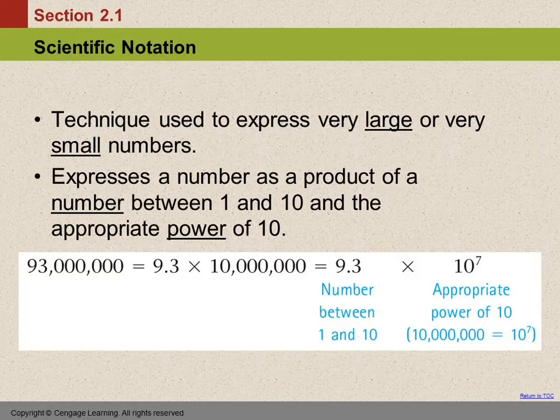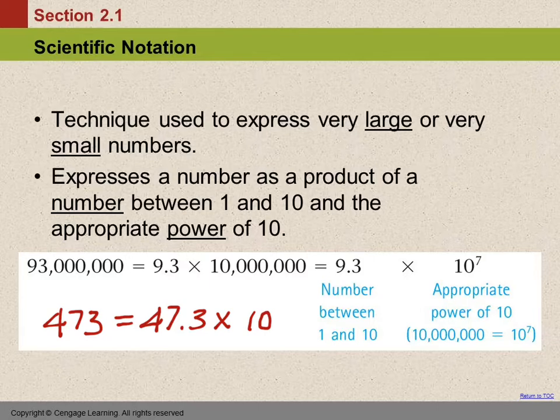We're factoring out tens. So let's look at maybe a smaller number. Let's look at 473. What if we factor out a 10? We divide that number by 10. 473 is equal to 47.3 times 10. That's true, right?